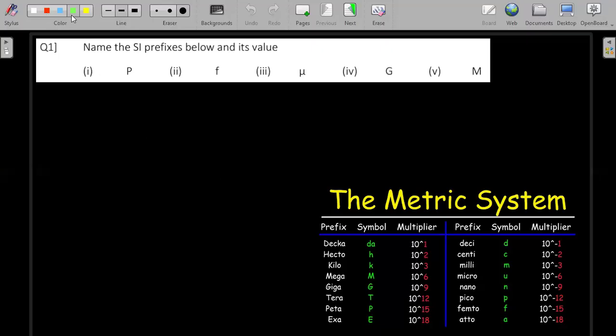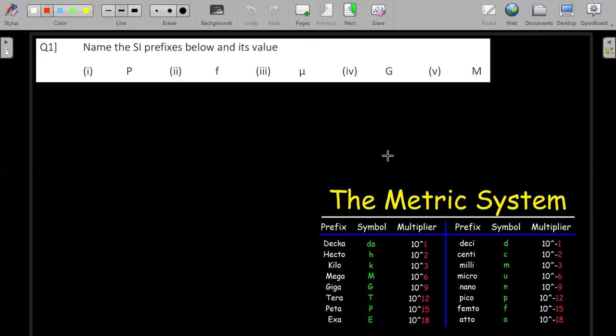The first question simply says, name the SI prefixes below and state their value. These are the prefixes here. The prefixes come from what we call the metric system.